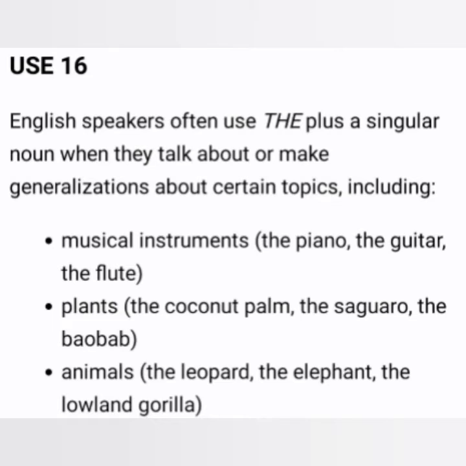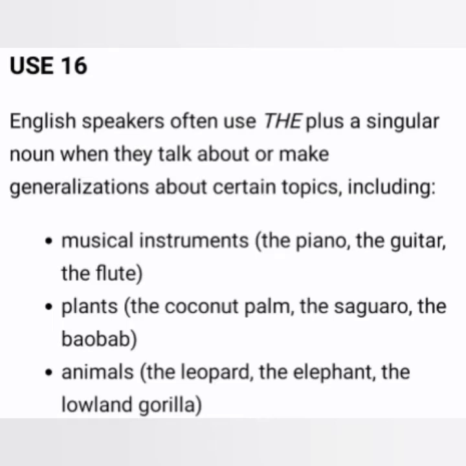Next rule: English speakers often use "the" plus a singular noun when they talk about or make generalizations about certain topics, which includes musical instruments: the piano, the guitar, the flute. Plants: the coconut palm, the saguaro, the baobab. Animals: the leopard, the elephant, the lowland gorilla.